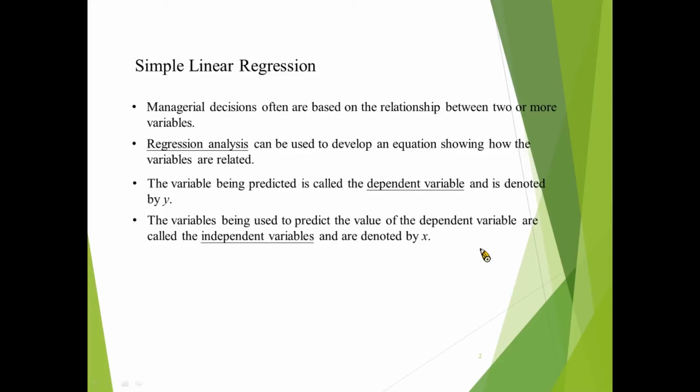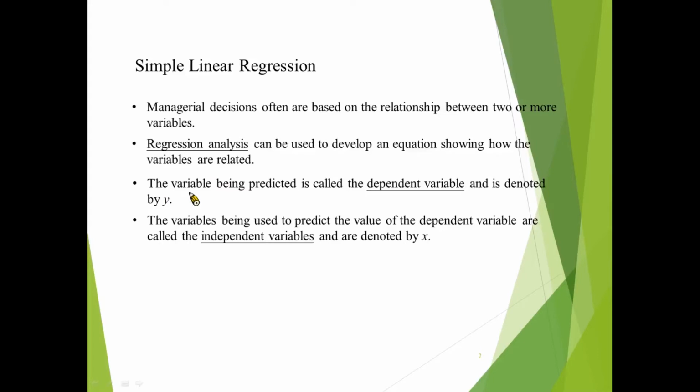Let's talk about the definition of simple linear regression. Managerial decisions are often based on the relationship between two or more variables, and regression analysis can be used to develop an equation showing how the variables are related.